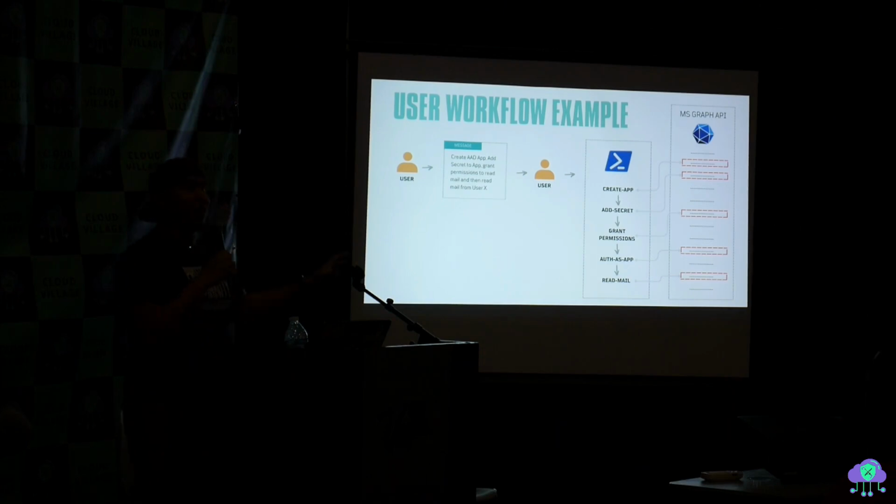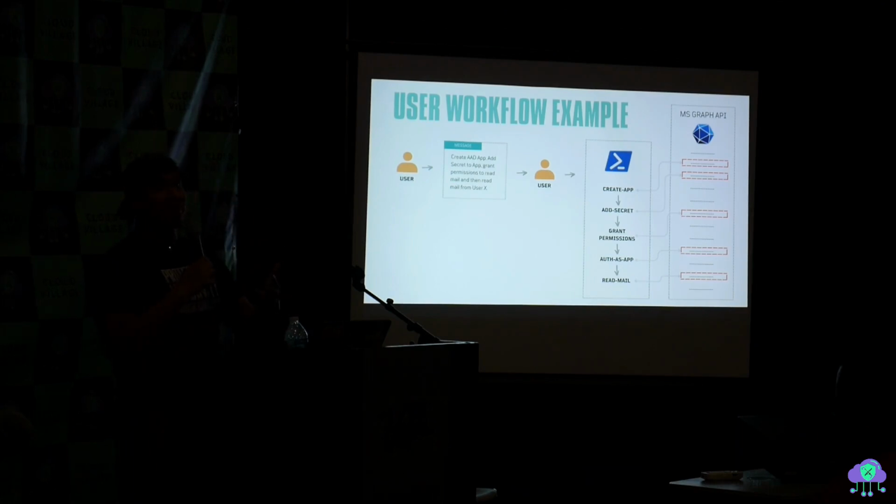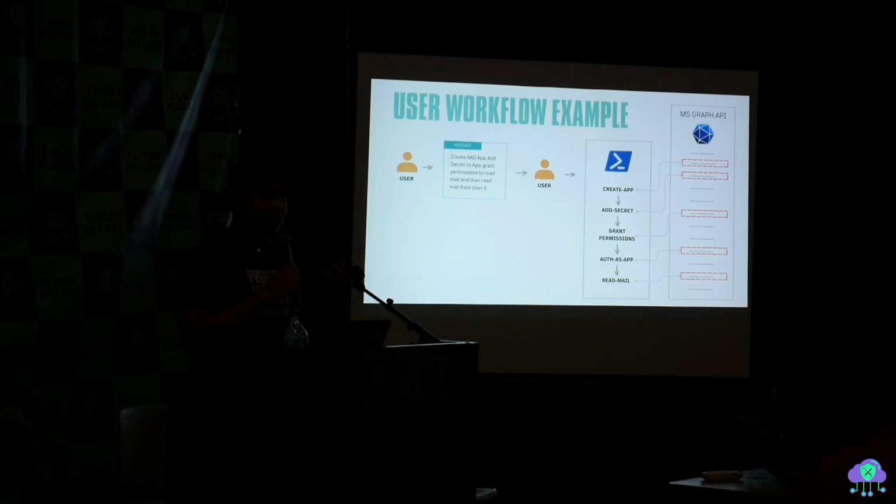So what does it mean? Usually when you have a workflow, this is what it looks like. Now we're getting into Microsoft Graph APIs, right? If somebody says, can you create an app, add a secret, grant permissions, and then please authenticate as the app and then read mail, usually you will have to go through the API and figure out exactly how that's being done, if, of course, you're using the Microsoft Graph API.